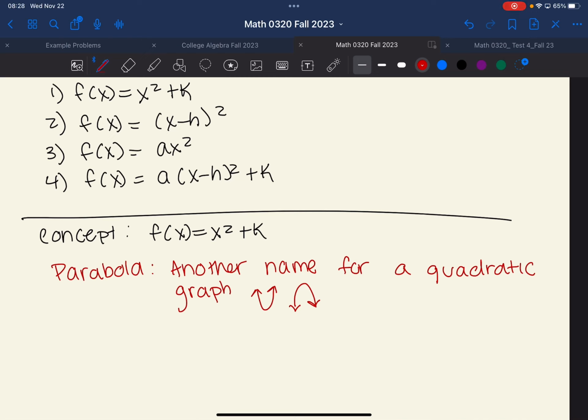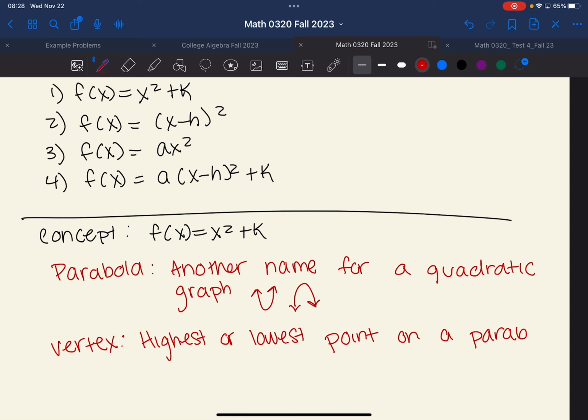When they're facing in opposite directions, we get what is called the vertex. So the vertex is the highest or lowest point on a parabola.